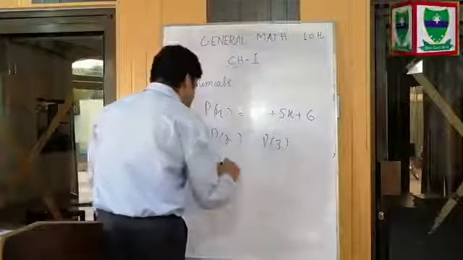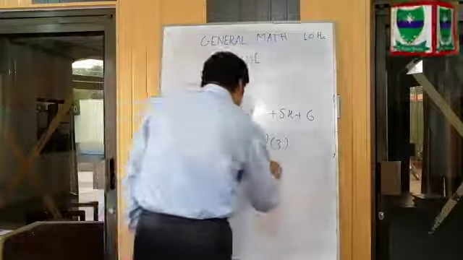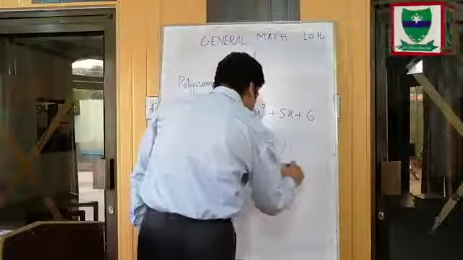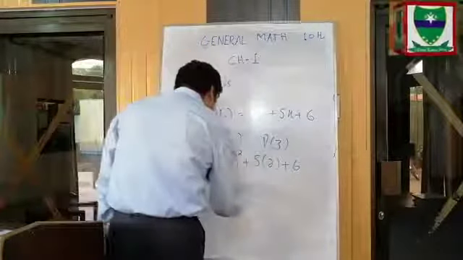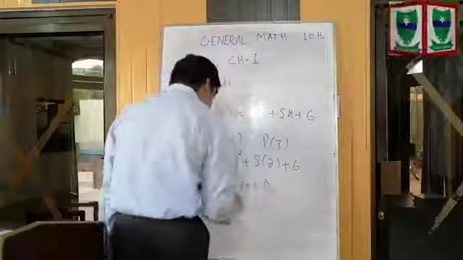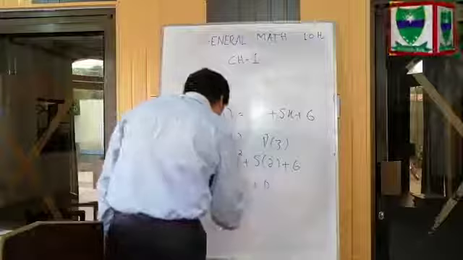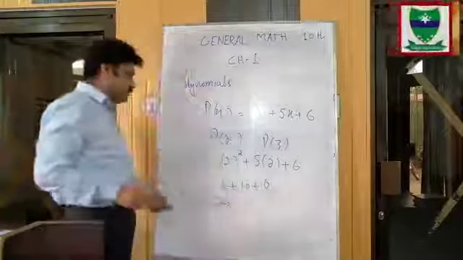P of 2 is equal to 2 raised power 2 plus 5 multiply 2 plus 6. 2 square, which is 4, 5 times 2 is 10, plus 6, 20. Value of polynomial when x is equal to 2 is 20. P of 2 is equal to 20.